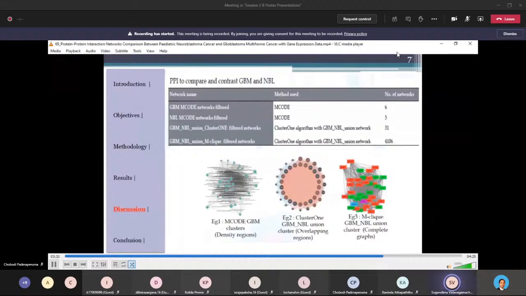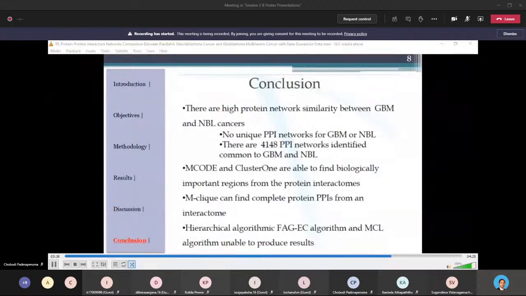The conclusions of our results are that there is high protein network similarity between GBM and NBL cancers. There are no unique protein-protein networks for GBM or NBL. There are 4,148 protein networks identified as common to GBM and NBL.